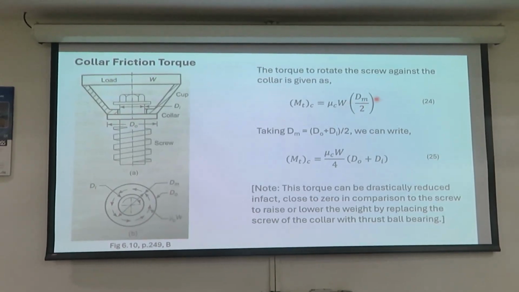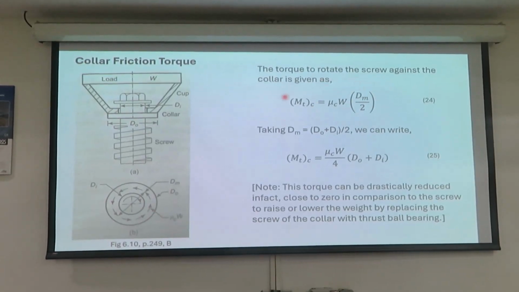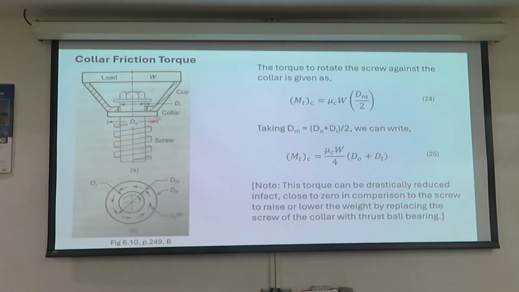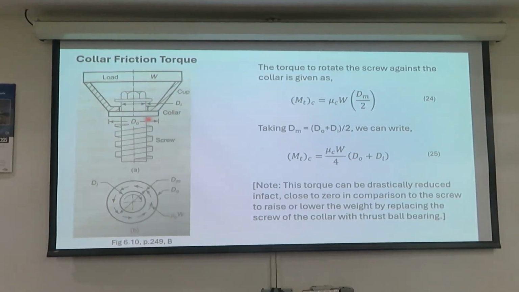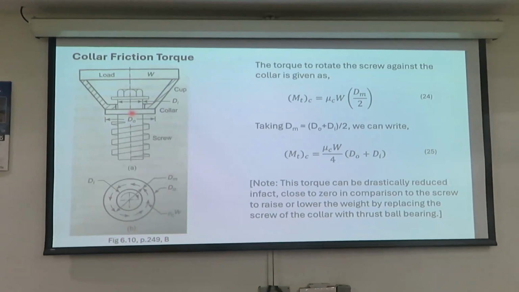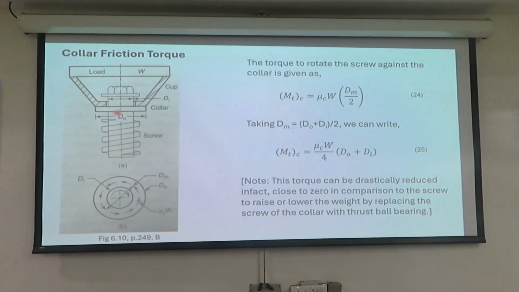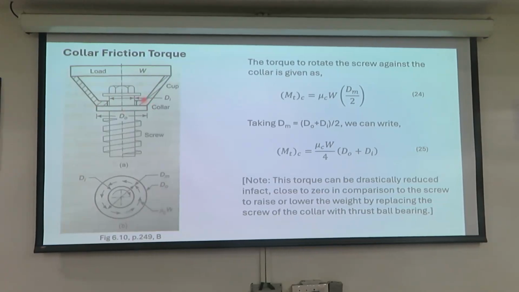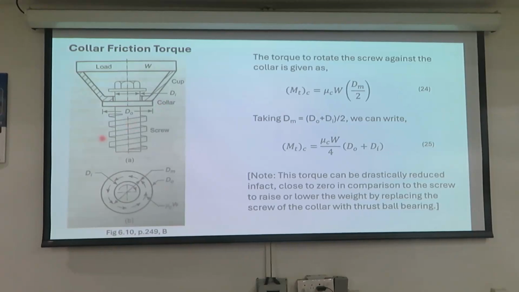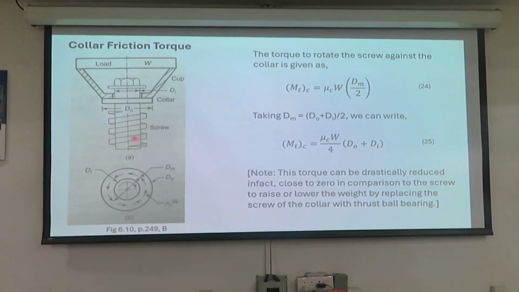That friction can also be estimated, along with the torque required for it. But by design we can reduce this friction, because this is not participating in raising the load. Sometimes they come with a ball bearing, so that the friction is reduced to almost zero compared to the friction in the screw.